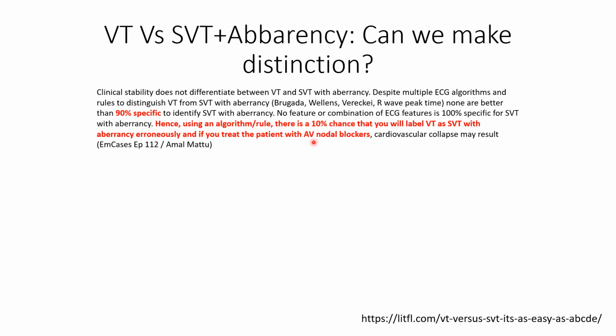And according to them, it's really dangerous to give AV nodal blockers to these patients. I don't know, outside of WPW with atrial fibrillation, who it's dangerous to give them to, but it seems like there might be more. I'm not sure, and I've never heard about any other cases where it's dangerous, but you can comment if you know.